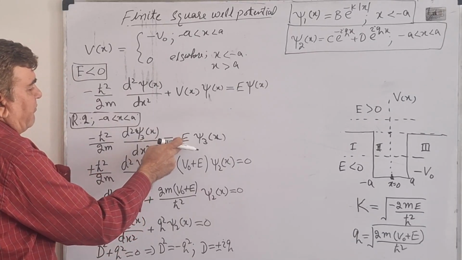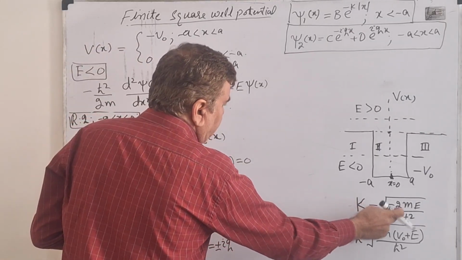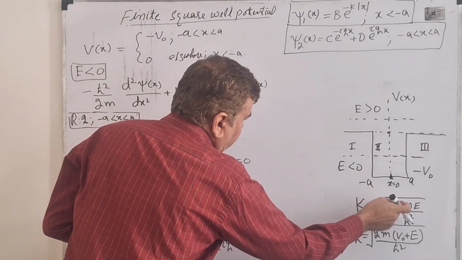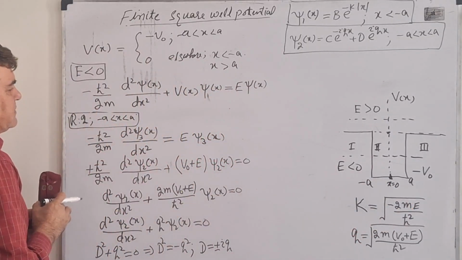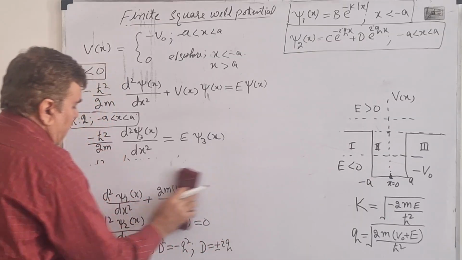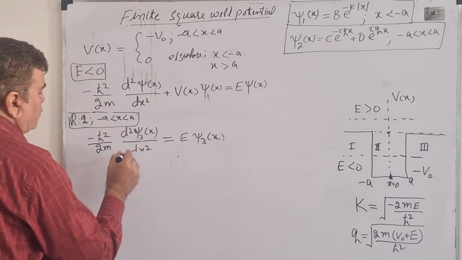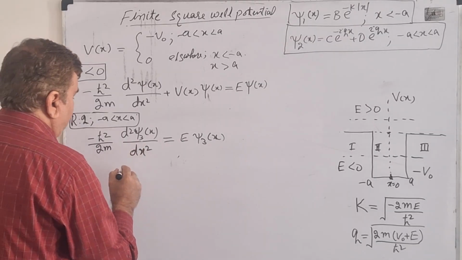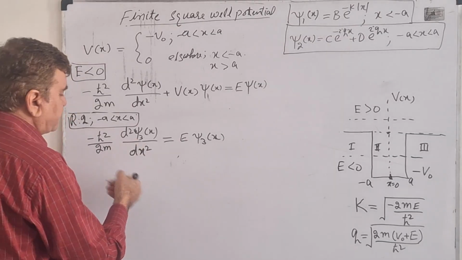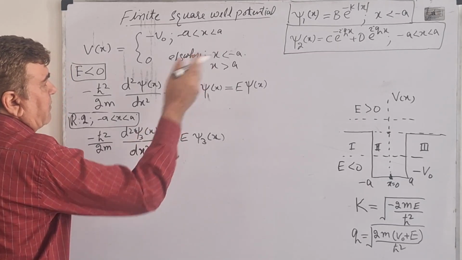And for that, I can define again k with these values exactly, because E is negative, so it would again be a positive constant. And if I solve this, I'll get two roots, like the same we had.